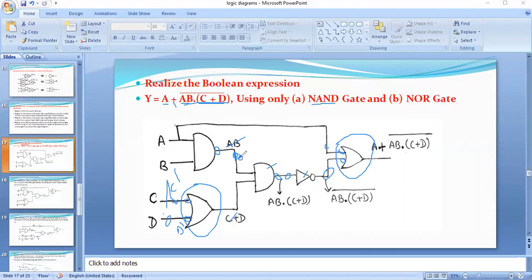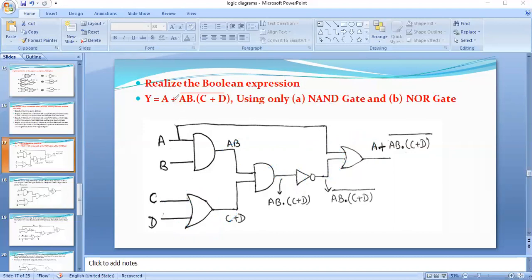After that, here also another bubble, so you have to use a NAND gate here also, and these two inversions are cancelled. And we have here an inverter, and here also another inverter. So instead of inverter, you have to draw a NAND gate. Okay, is it clear?